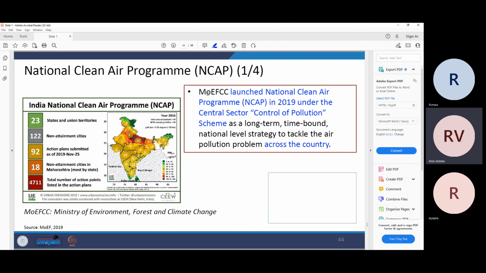So, the Ministry of Environment, Forest and Climate Change, MOEFCC, launched the National Clean Air Program, NCAP, in 2019, under the Central Sector Control of Pollution Scheme as a long-term time-bound national level strategy to tackle the air pollution problem across the country.